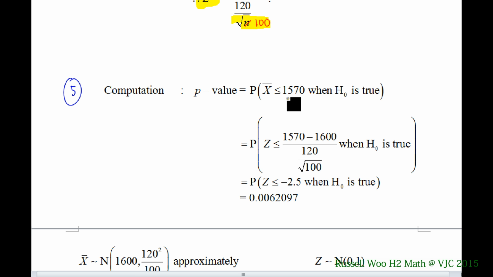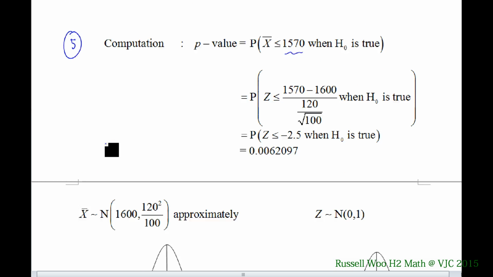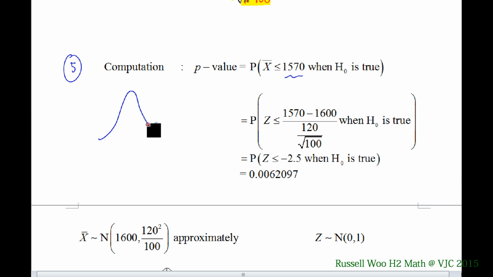Your observed value is this. So I better draw here. You want to see whether this is 1006, this is 1570, and this is your p-value. Can? So far so good.